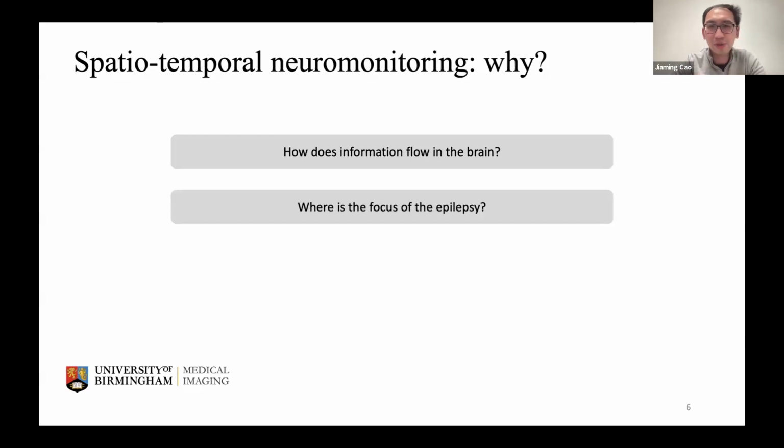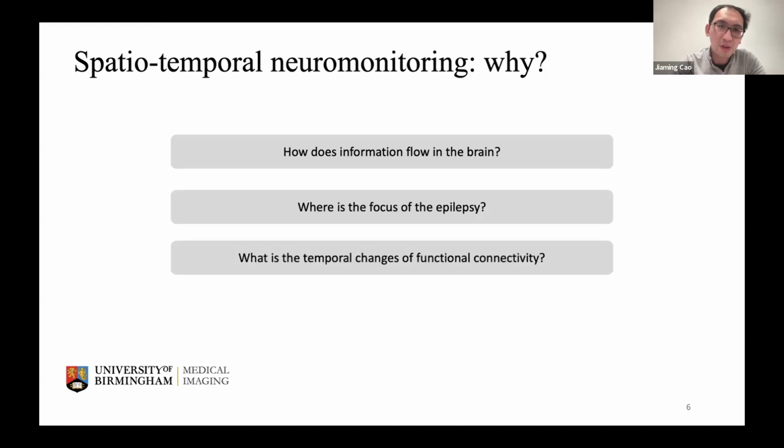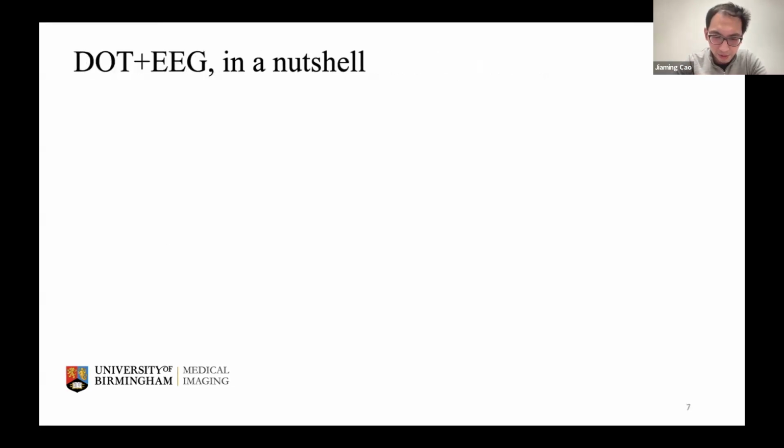Or, for example, if we want to localize the focus of the epilepsy, but non-invasively, or we care about the neuroscientific side of functional activity, let's say how it evolves with time, what are the temporal changes of functional connectivity, and then many others. So that is the basic idea, and also the motivation or potential applications behind it.